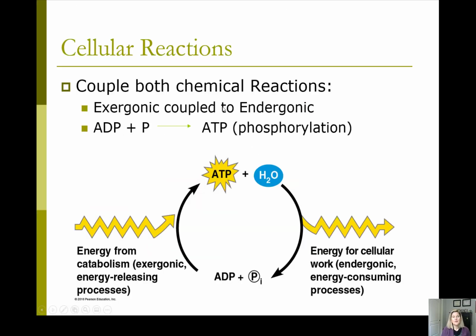So we coupled both of those chemical reactions. Exergonic is going to be coupled with endergonic. Remember, with exergonic, energy gets released; with endergonic, energy is inputted into the system. So here we can have energy from catabolism. Remember, catabolism is breaking down a big molecule into smaller forms, and that's going to release energy in the process.